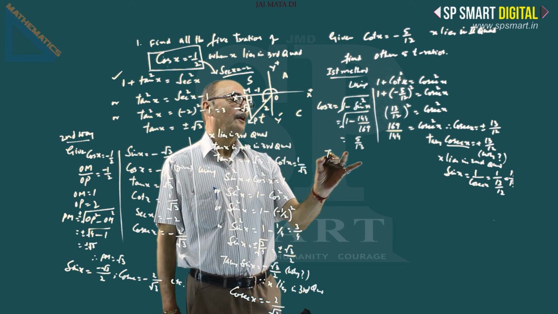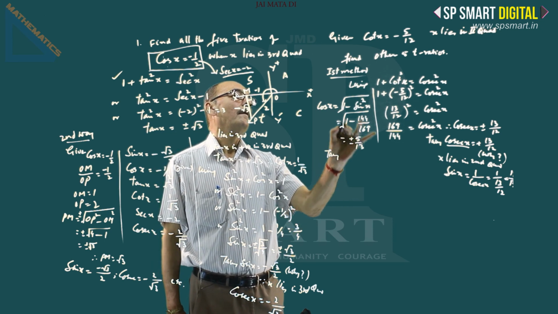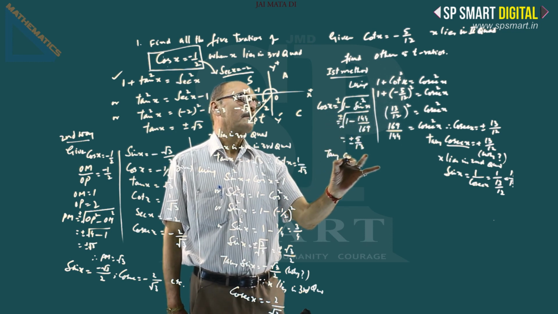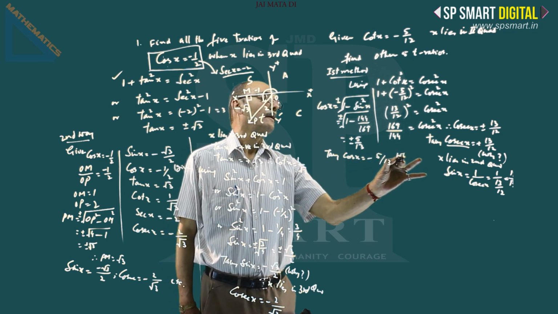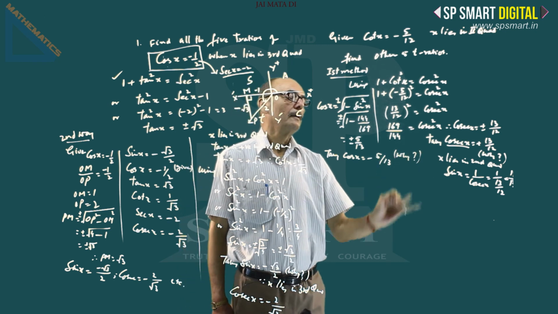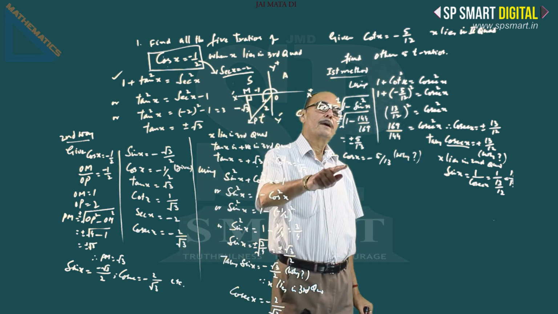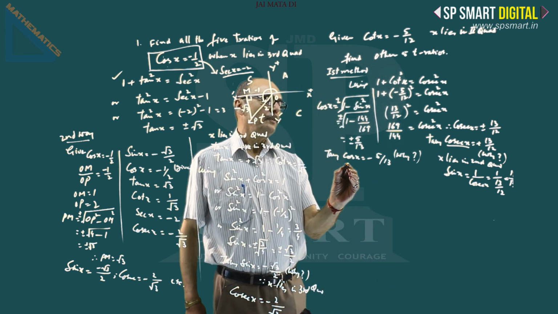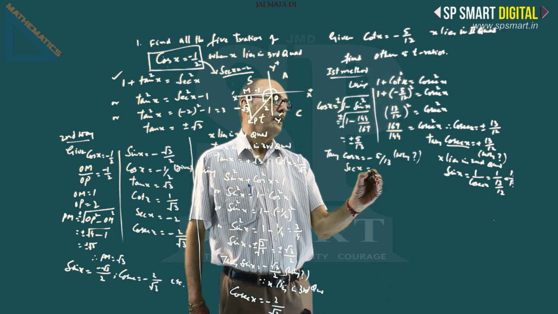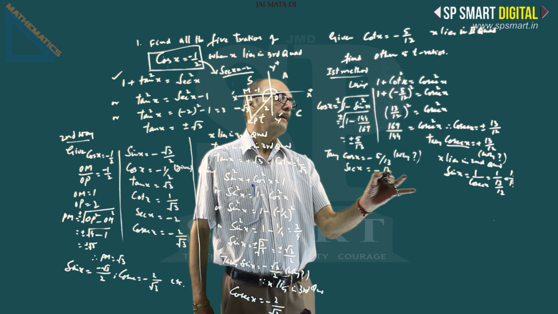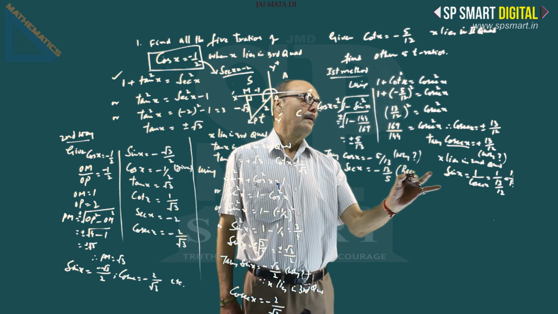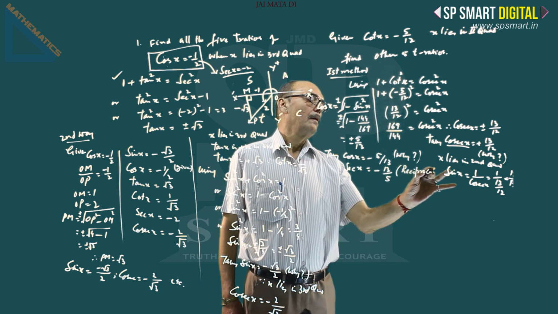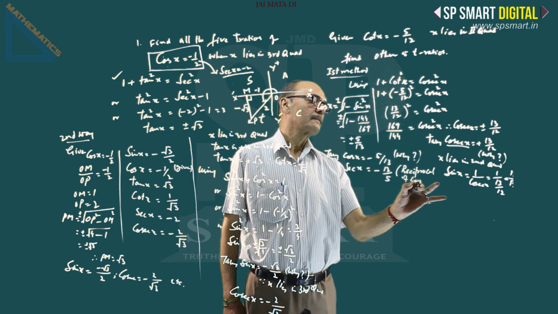Now, taking cos x to be minus 5 by 13. Why? Because in second quadrant cos x is negative. So, secant x is minus 13 by 5, reciprocal of cos x.